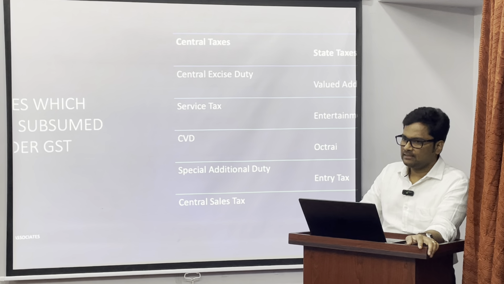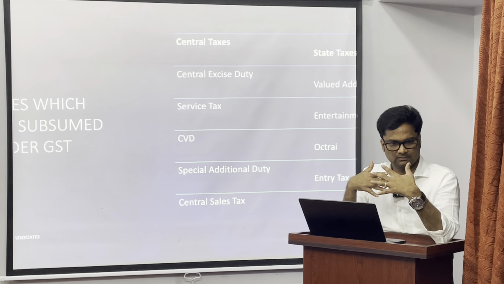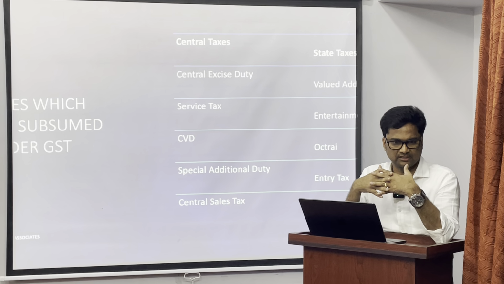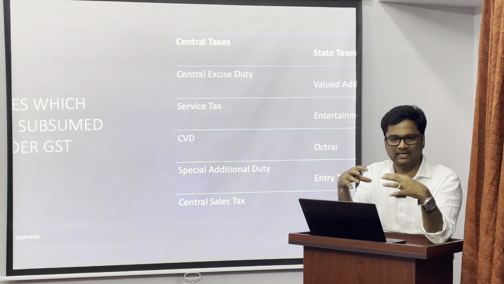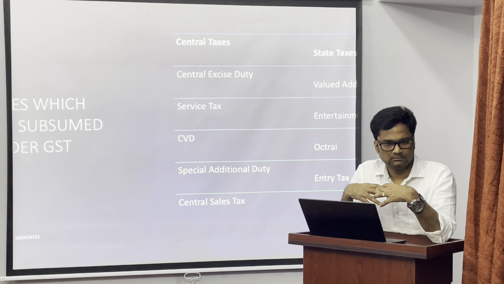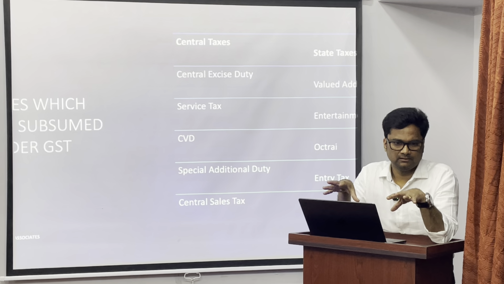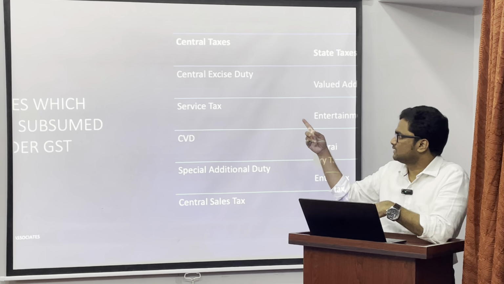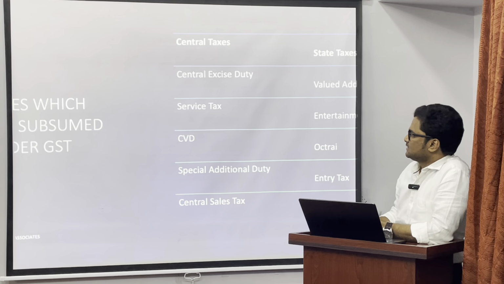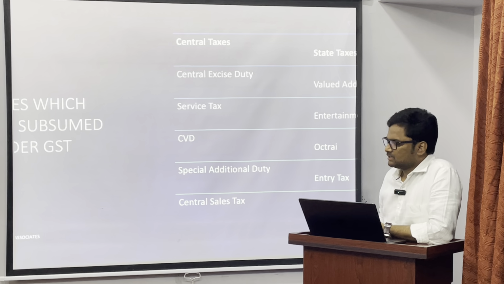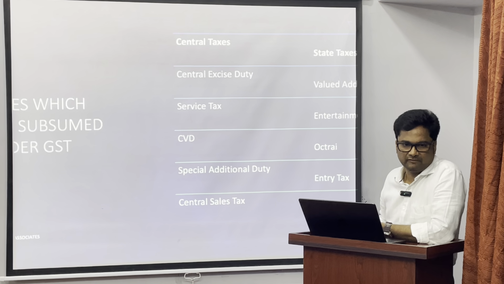So then we decided, let us go for a single taxation regime. But it is not that all the indirect taxes are clubbed. Only a few, or to a larger extent, I would say. To a larger extent, from the Central Excise Act they clubbed, service tax they clubbed, CVD, countervailing duty.